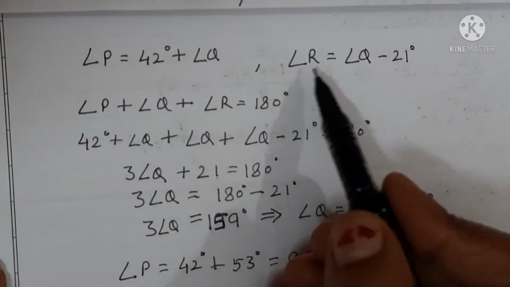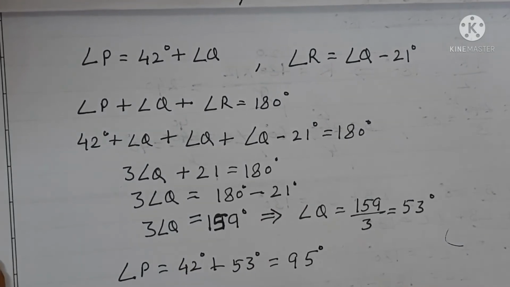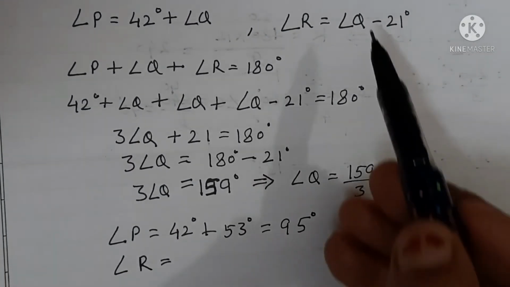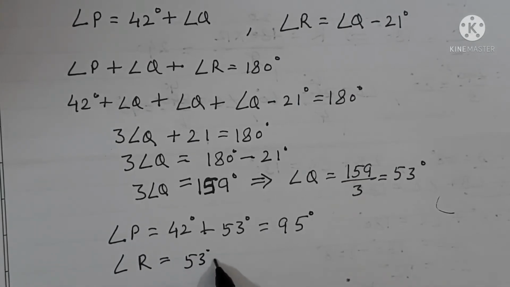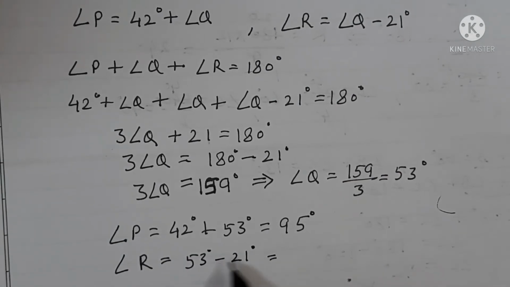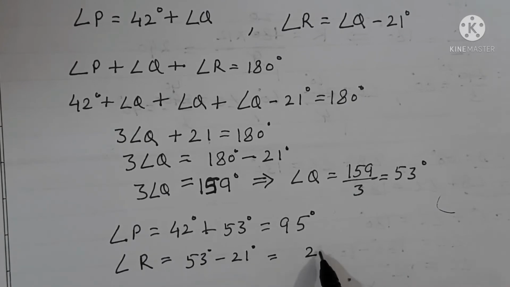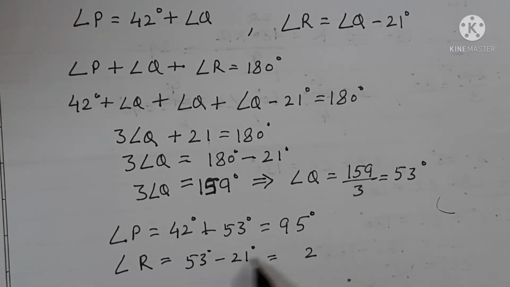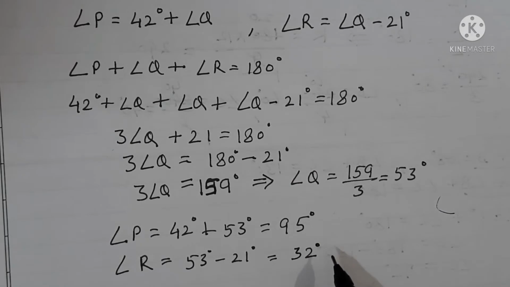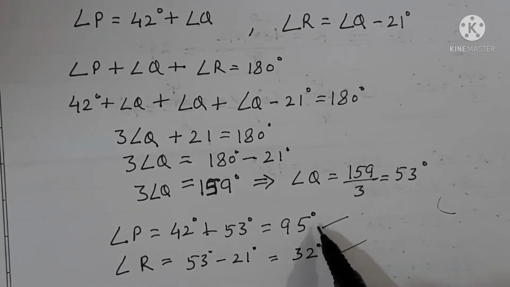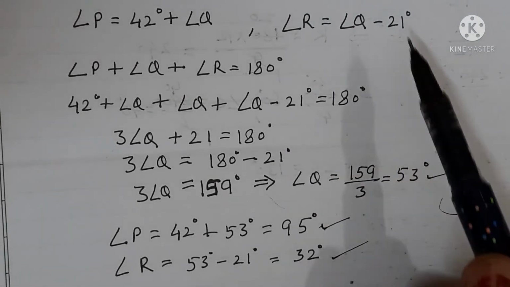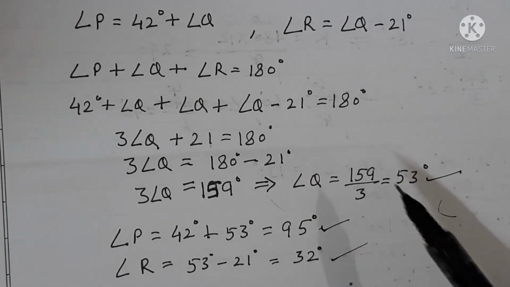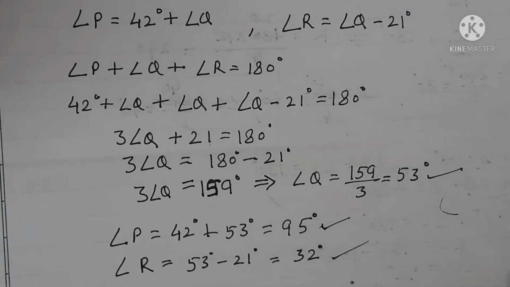And angle R is equal to angle Q minus 21, so 53 degrees minus 21 degrees, which is 32 degrees. So the three angles we can calculate by solving like this. Next, question number 7.